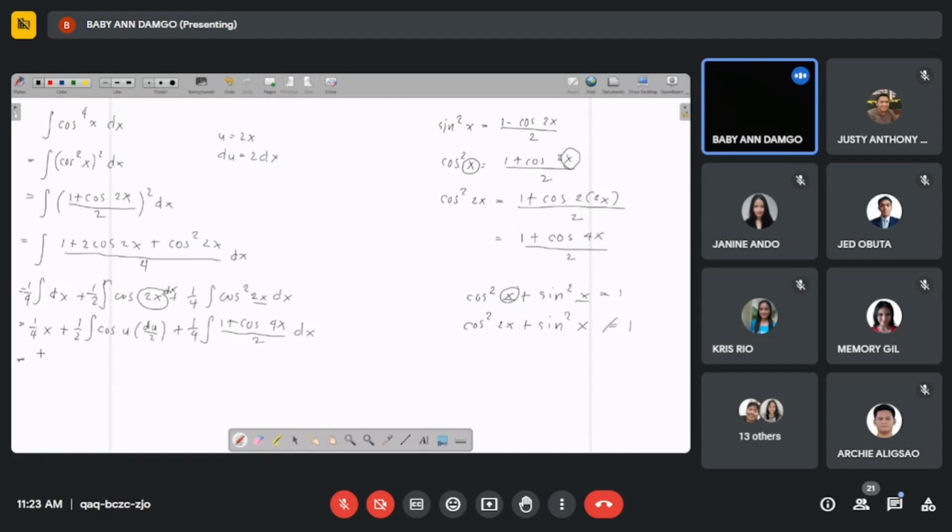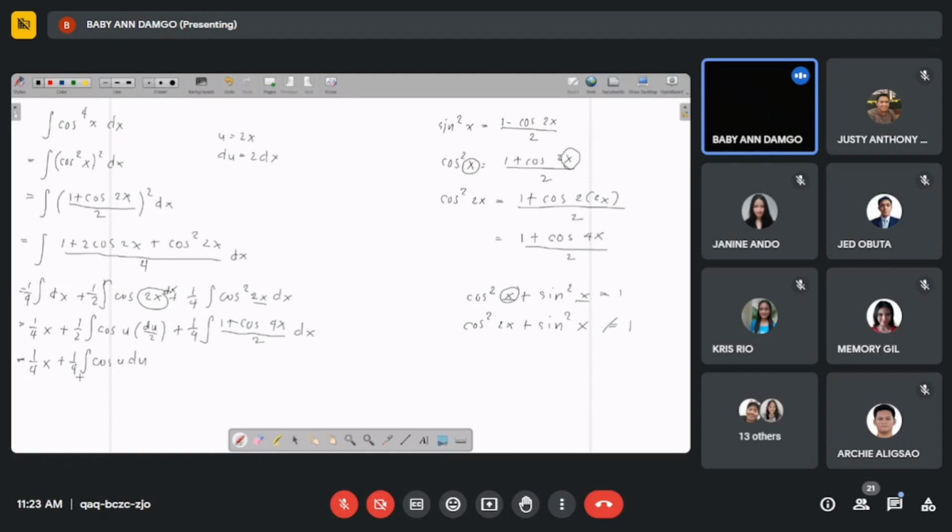Okay, so we have 1/4 x plus 1/4 integration of cosine u du, 1/4 because 1/2 times 1/2 is 1/4.